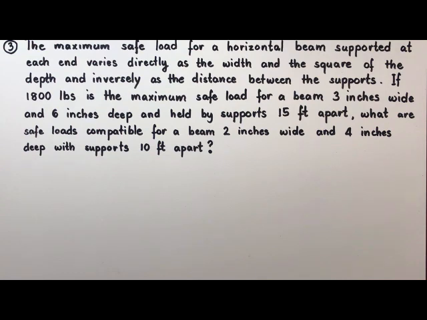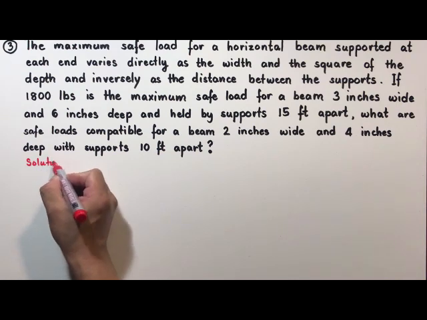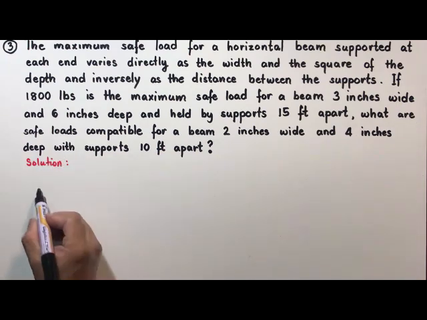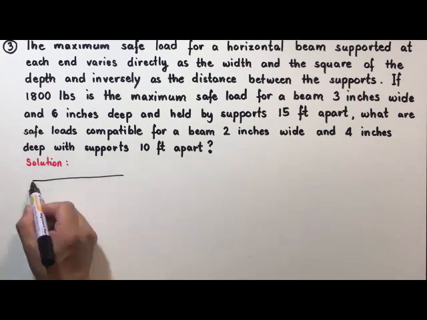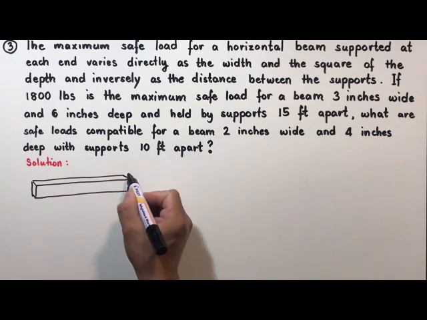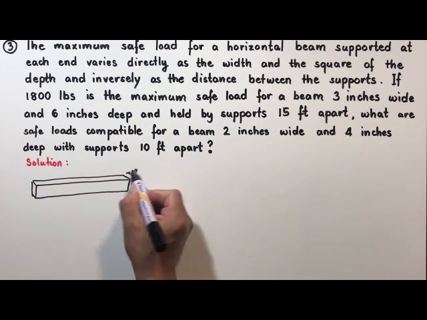So, how are you going to solve this problem? So first, let us maybe illustrate the problem using a drawing. So, I will draw here a beam wherein the width is 3 inches. So here is the 3 inches.